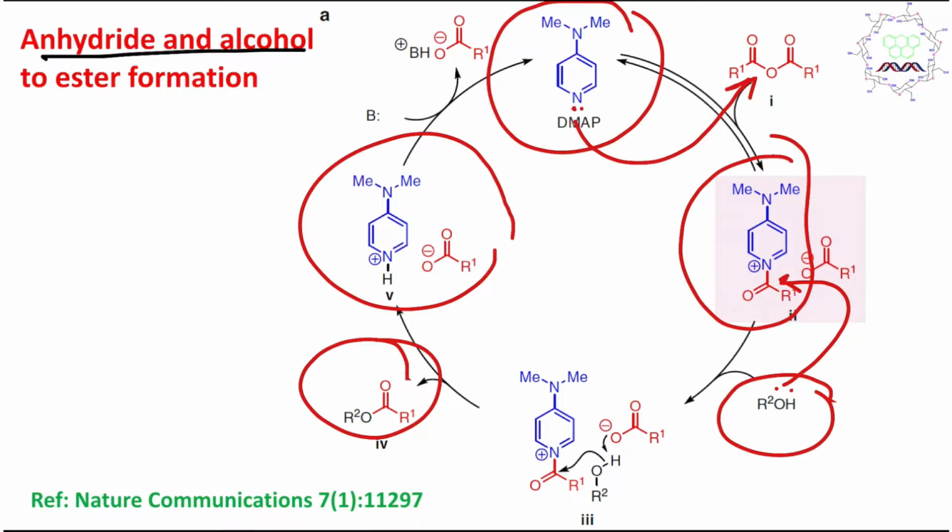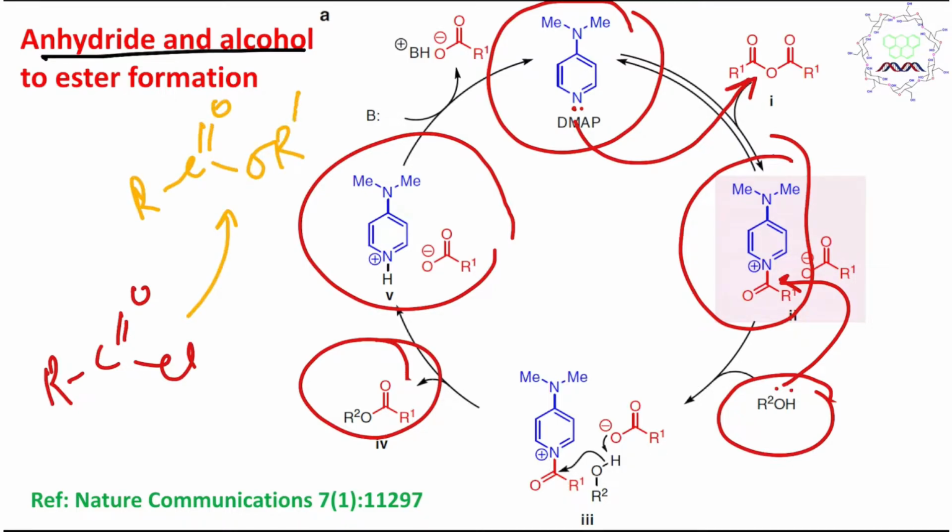Not only that, if we want to form an ester RCOOR prime from acetyl chloride RCOCl in the presence of the alcohol R prime OH, what is used in that case?